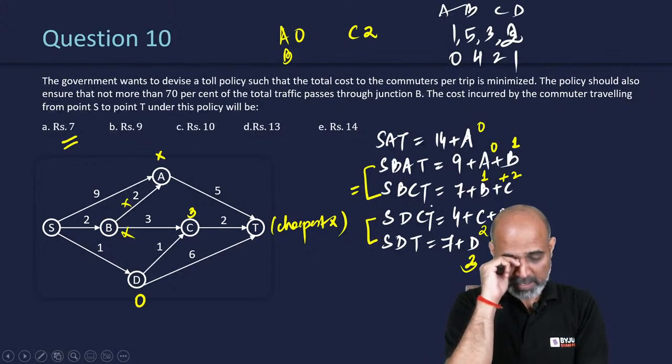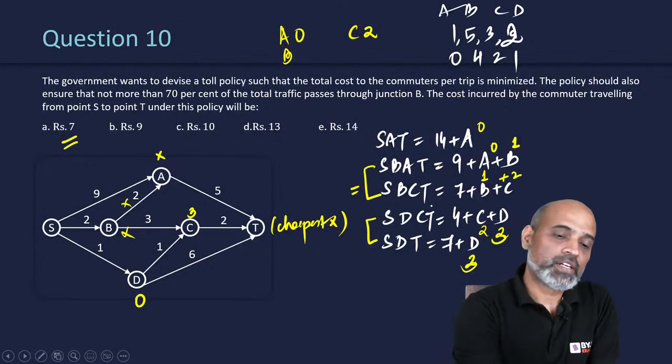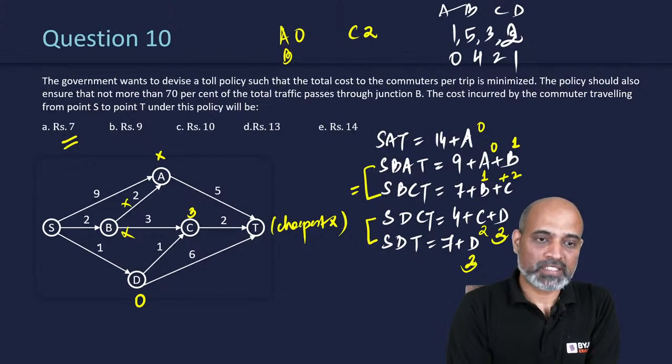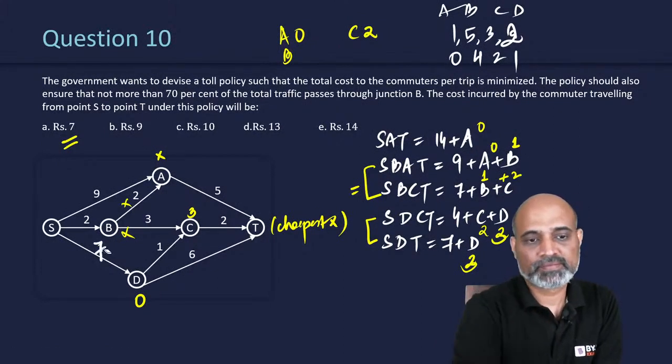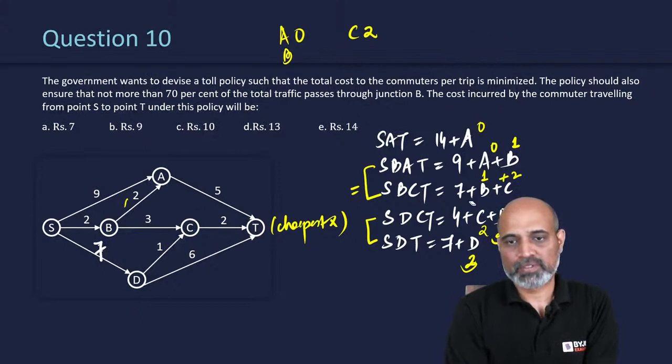All will become same. Oh, sorry guys. How did I miss out that this is 7 already? I just realized the moment I put 1532. This is already 7.